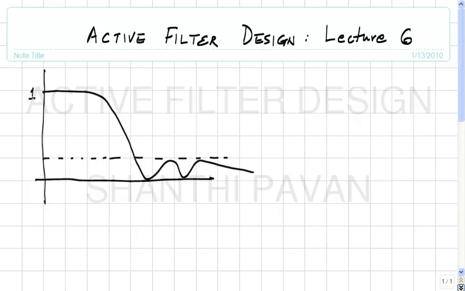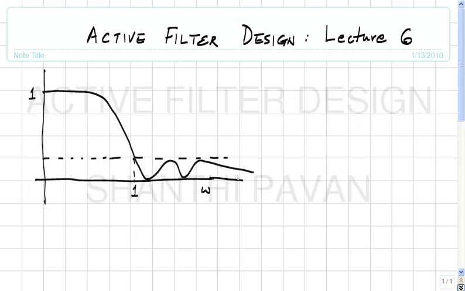The DC gain is 1. This refers to the stop band edge frequency, and we don't really care, or we don't attempt to do anything about the pass band as long as the DC gain is 1.